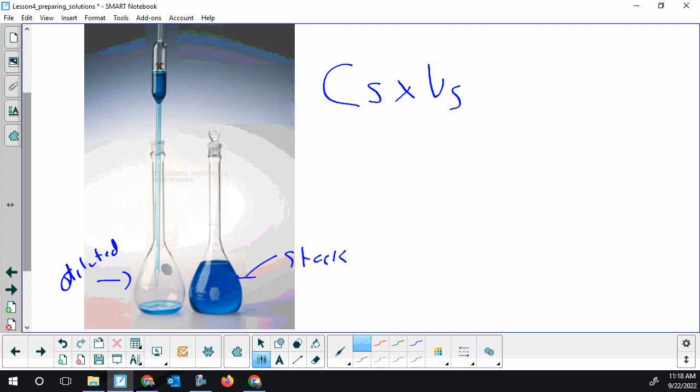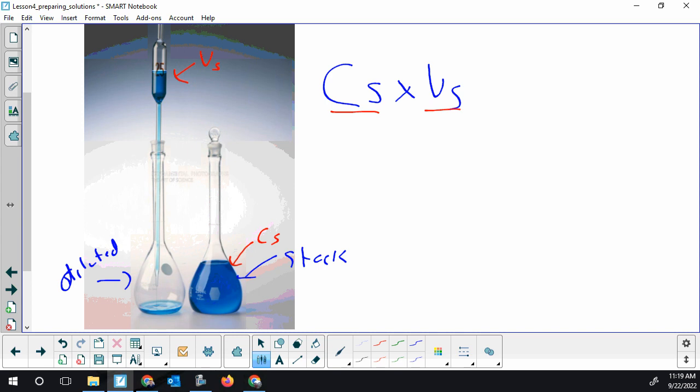We just care about the size that we move. So the CS, the concentration of the stock, would come from there. The volume of the stock is coming from this pipette.